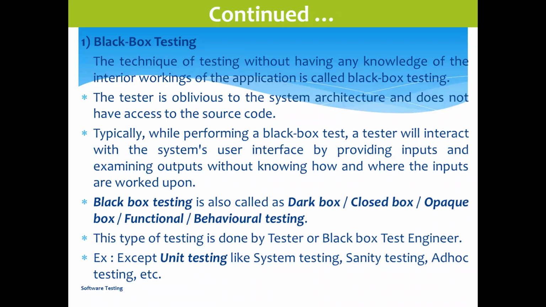Unit testing is not part of this because in unit testing coding is required, so developers can do that. Otherwise, testers who use the code also while checking, we can call that white box testing. So under white box testing, unit testing comes, and under black box testing, unit testing does not come. Except unit testing, any other kinds of testing are called black box.